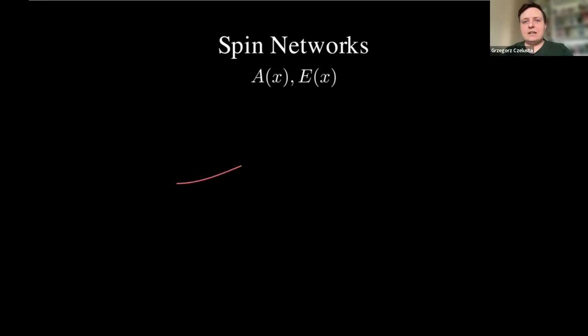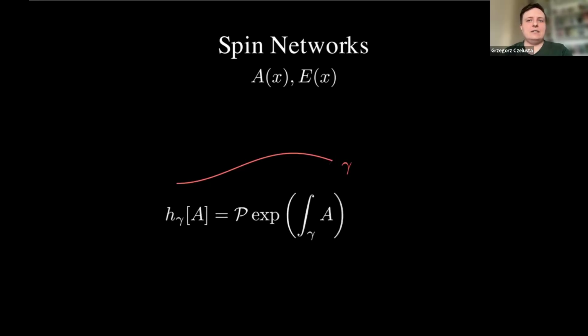So imagine a path in space. Along this path, the connection A takes different values, and we can integrate this connection along the path and then exponentiate it. And in this way, we obtain an object called a holonomy.